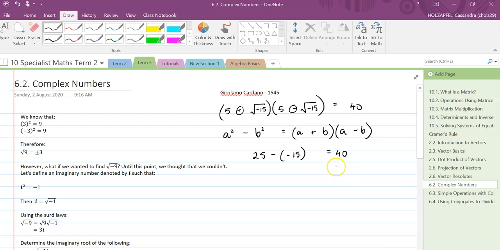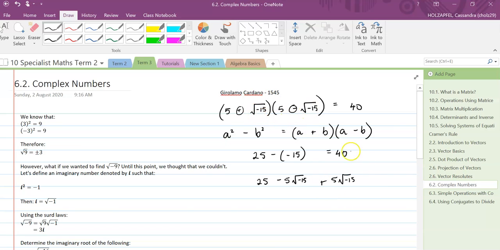Okay, well let's test this out using a different method. Let's test this using the distributive law and see if we get the same result. 5 times 5 is 25. 5 times negative root negative 15 is going to be negative 5 root negative 15. Plus positive 5 root negative 15.